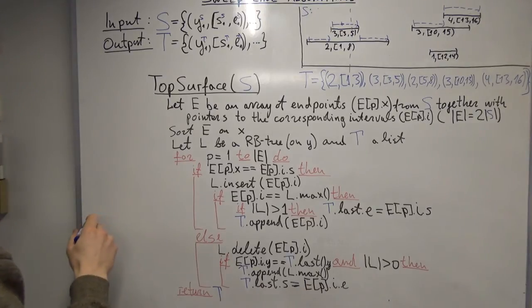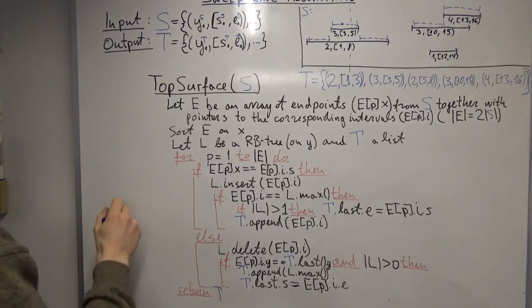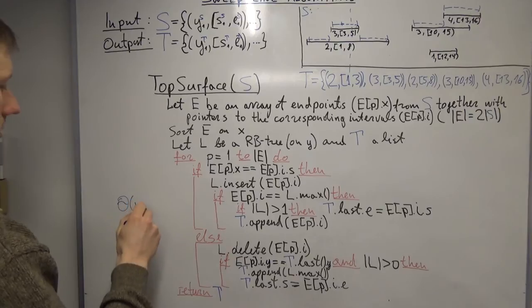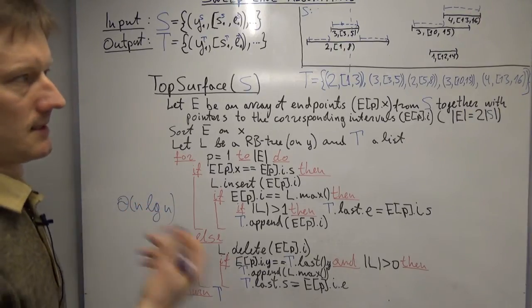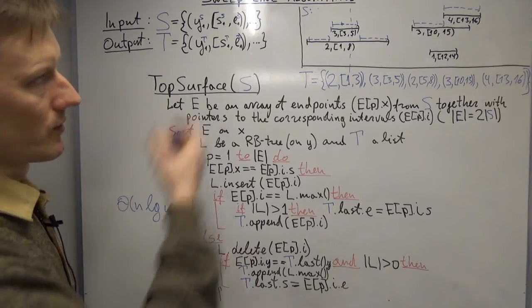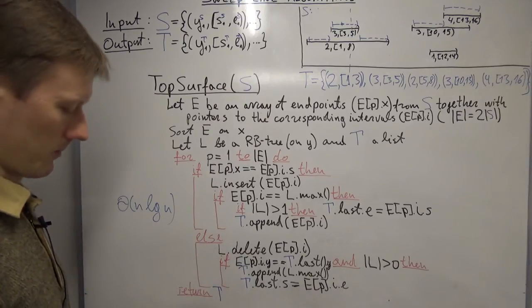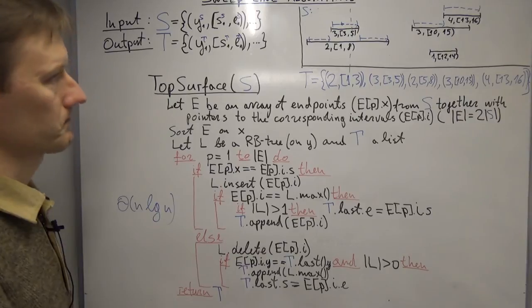So all in all, the running time is n log n, which is better than the best we could hope for from the naive approach, which was n squared.